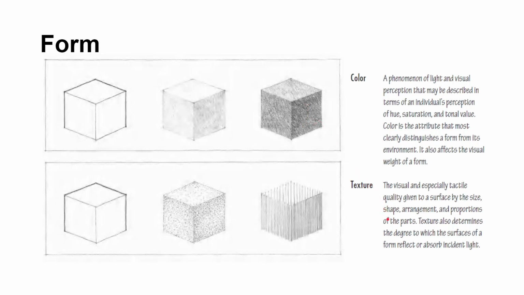Texture is the visual and especially tactile quality given to a surface by the size, shape, arrangement, and proportion of the parts. Texture also determines the degree to which the surfaces of a form reflect or absorb incident light.